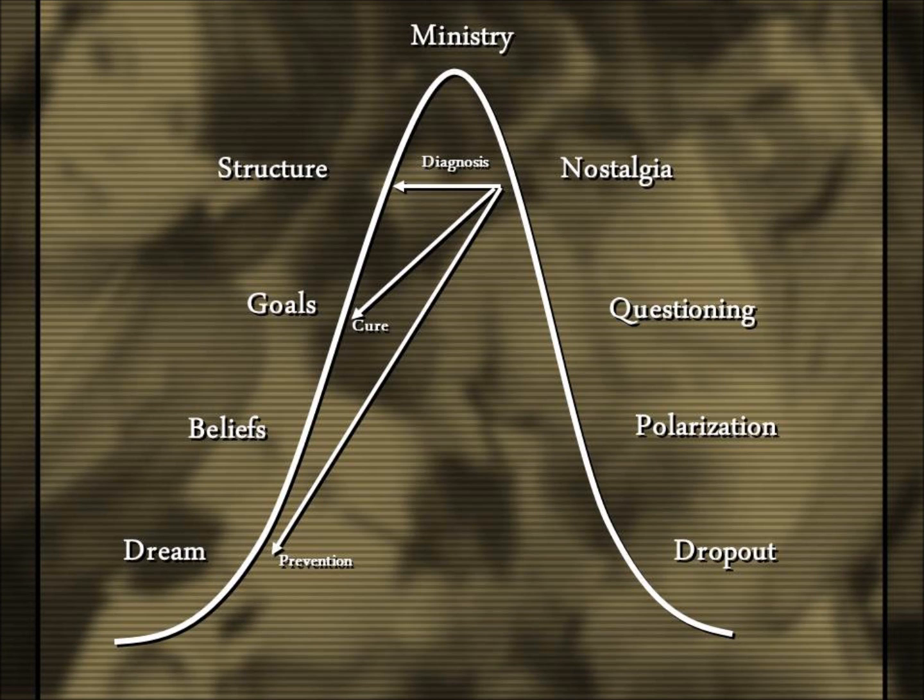If we do not become proactive and invest our energies and our talents and our resources on our dream and our beliefs, our goals, and our structure, and move to that left-hand side of the bell-shaped curve once again, then we will move toward greater decline and perhaps even death. So where are you?